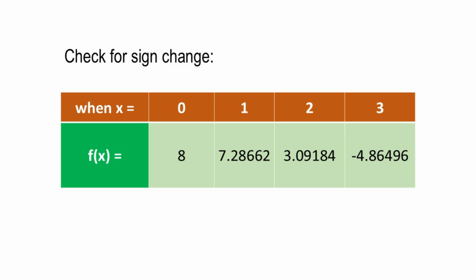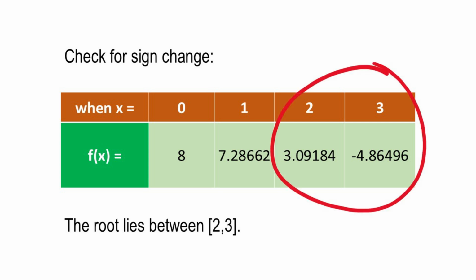And if we substitute 3 to x, the result is minus 4.86496. So with this, the root lies between 2 and 3. Take note, we have to multiply the angle by 180 over pi to convert it into degrees.